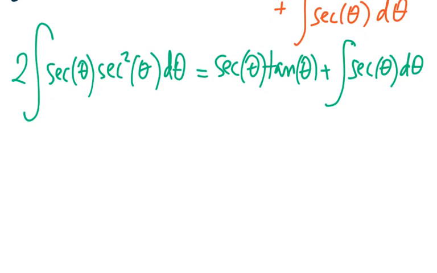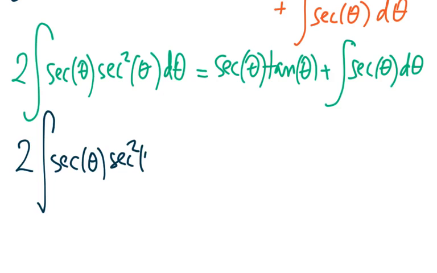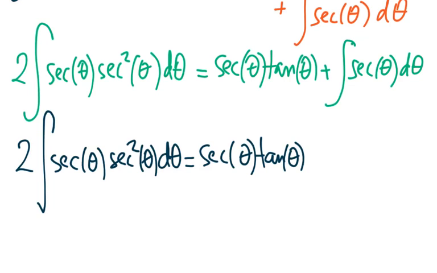So 2 times the integral of secant theta, secant squared theta, d theta is equal to secant theta tangent theta plus ln of, we should say absolute value, but we're not going to bother with that, ln of secant theta plus tangent theta.